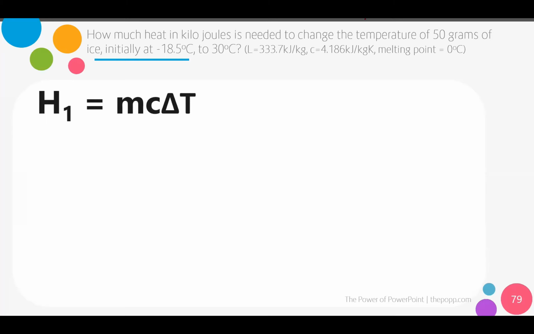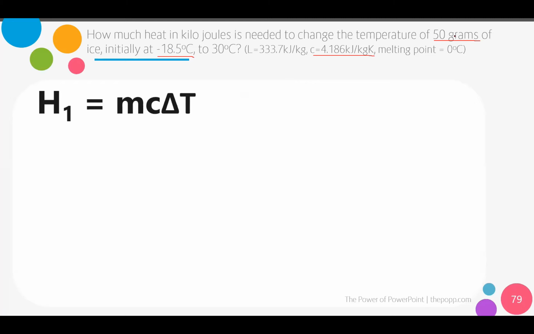So mass times specific heat times the delta T. And since the unit of our specific heat is in kilojoules per kilogram Kelvin, and the mass of the ice is in grams, and its temperature is in degrees Celsius, convert muna natin sila para magkakapareho yung kanilang unit.